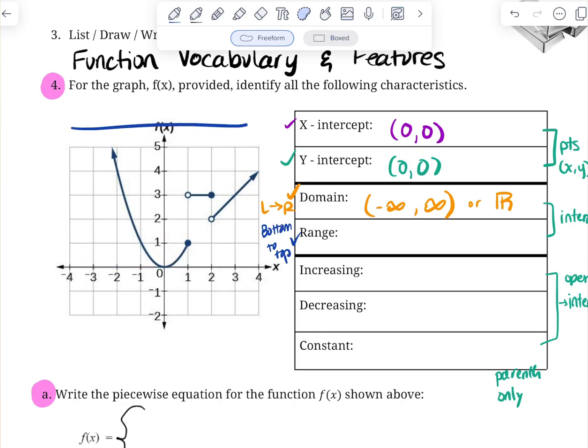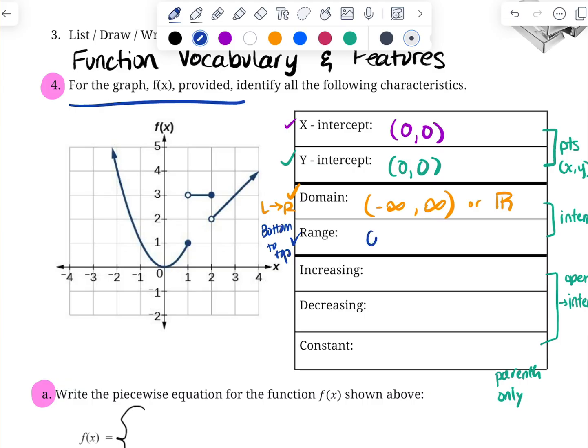So it goes from 0 to infinity. In this particular situation, I'm going to use a square bracket because 0 is a point. It is a specific identifiable location. It is not an idea of infinity. Infinities get parentheses because they are ideas, not actual numbers we are equal to. So that's why it's a bracket and then a parenthesis. And remember I said these guys are open intervals, so parentheses only, no matter what.